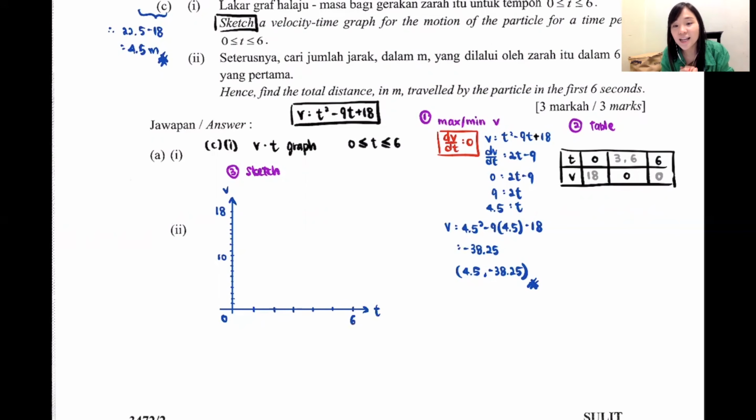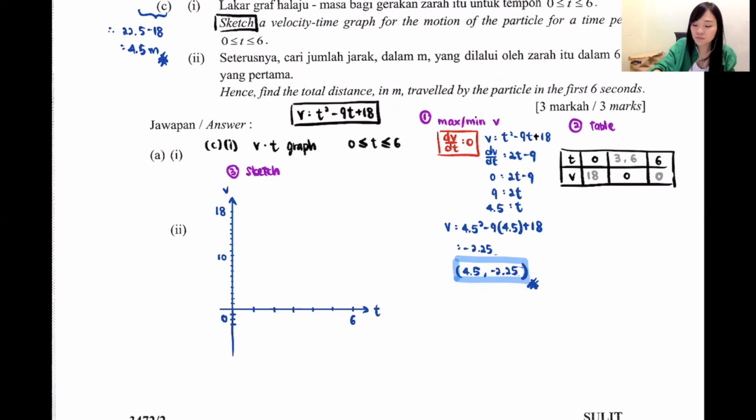Like this. Let's try to draw it out. First point is this one. 4.5, negative 38.25. Oh, then it's not negative, this is positive. Sorry, my fault, for copying down the question wrongly. I think quite a lot of you will try to tell me it's not that value. Negative 2.25. Oh, got negative, need some space at the bottom.